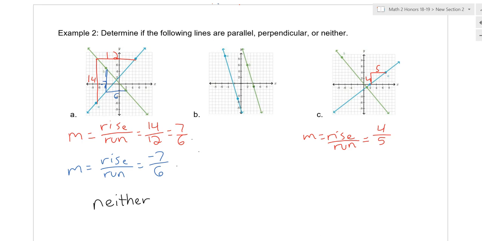And then we need to do line B. Again, our slope. So this one's going down and then over. And if you count, it's going down 10 over 8. So that's negative 10 over 8, which reduces to negative 5 over 4.